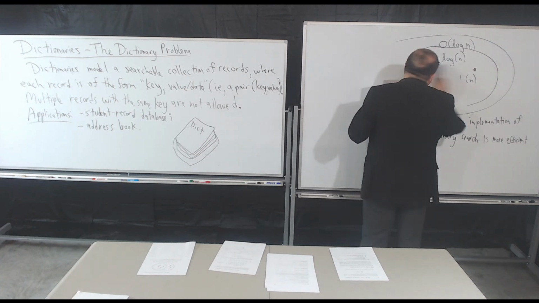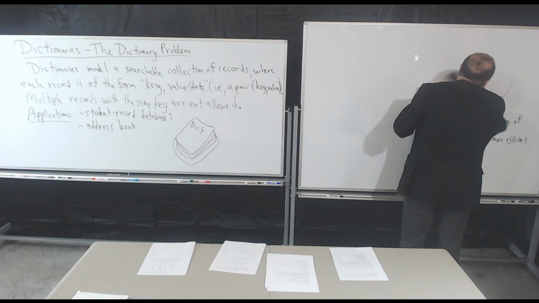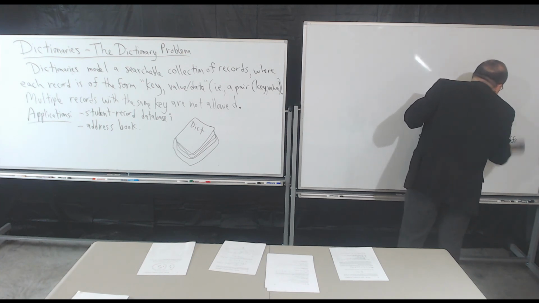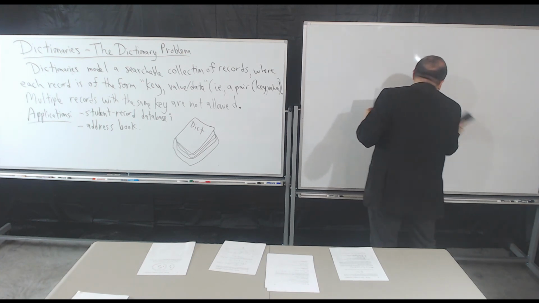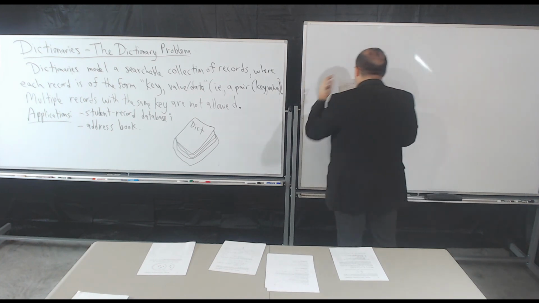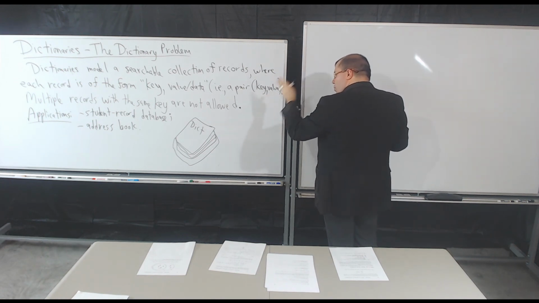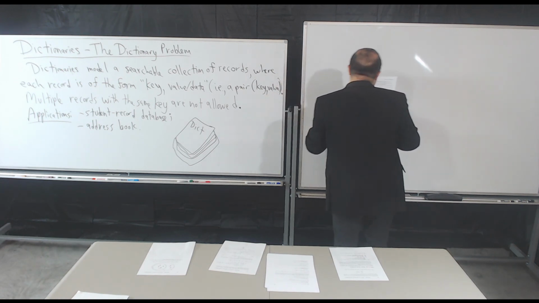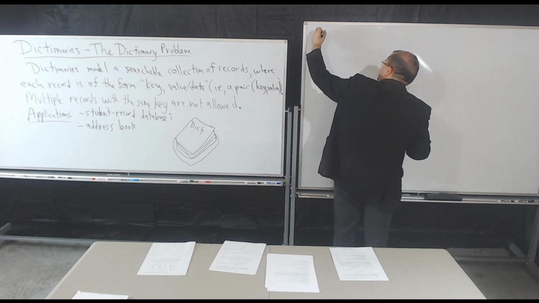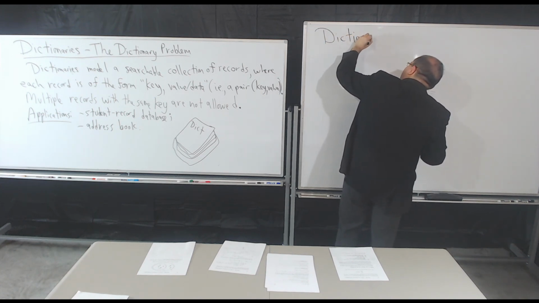And we'll talk more about dictionaries next class. So I need to emphasize that this is going to be a core data structures related problem we're going to see throughout the rest of this class for a good chunk of it. So very important you know what a dictionary is.